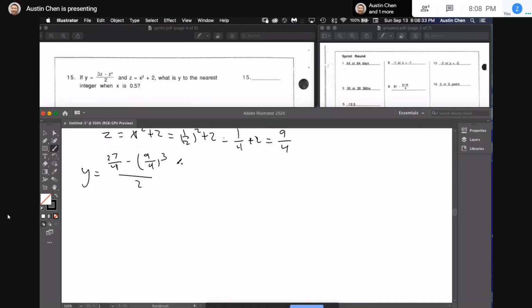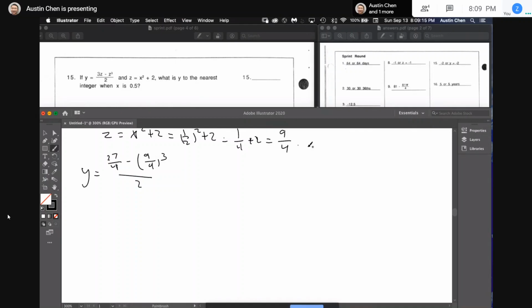I'm saying, is 9/4 cubed a small enough number that we can round it? Okay, how about we just expand the fraction? Yeah, let's just try that.